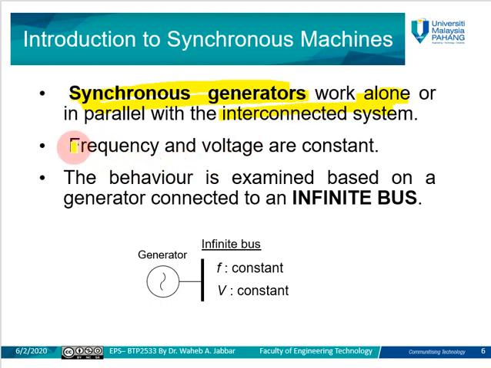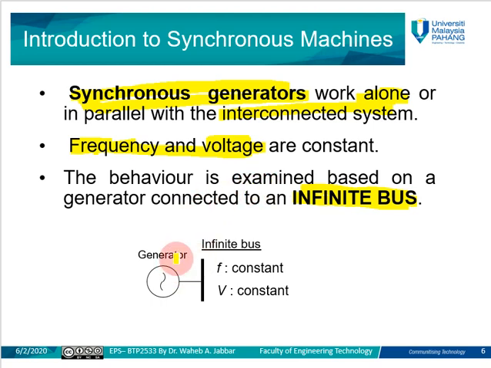the main features of the synchronous generator: it has a fixed speed, a fixed frequency and a fixed voltage. Since it has a fixed synchronous speed, only one speed, it has a fixed frequency and also a fixed voltage. Okay, now the behavior in the case where we want to connect one synchronous generator to the grid.